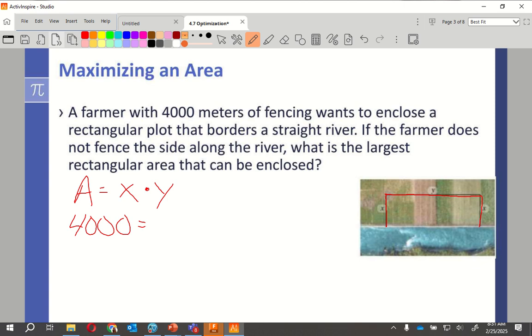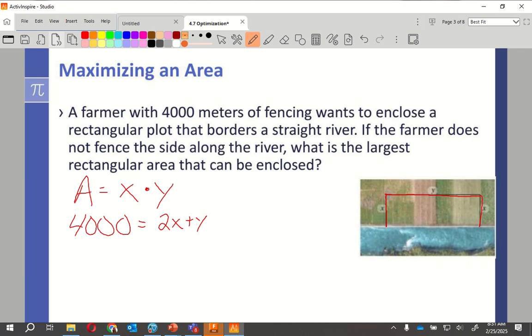And if it was all four, it would be x plus y plus x plus another y, right? If I was going to enclose it all the way around. But I only need three sides. So together, I'm going to have 2x plus y.